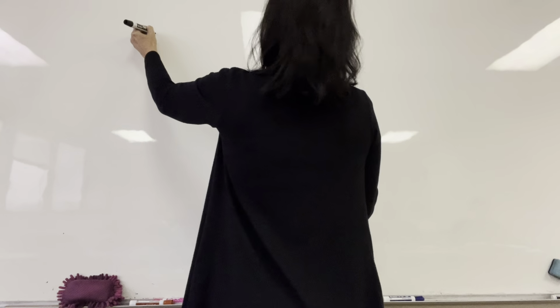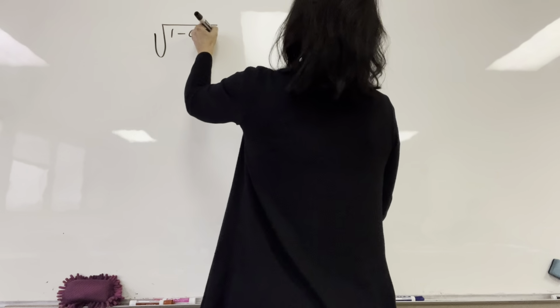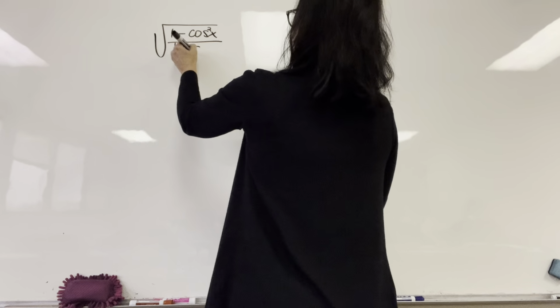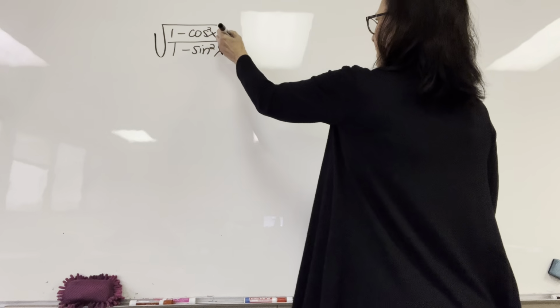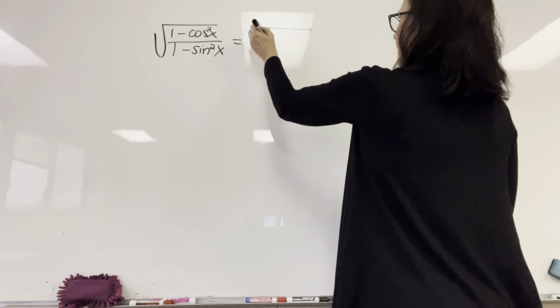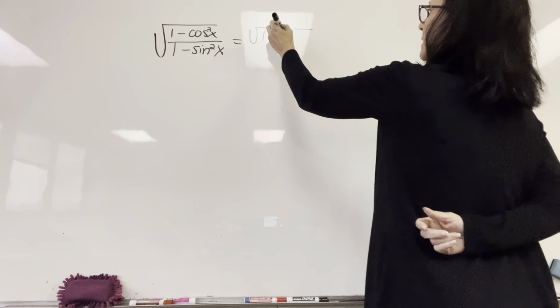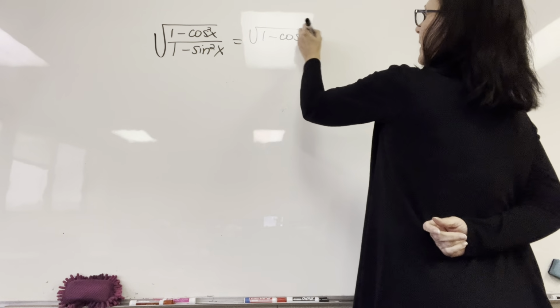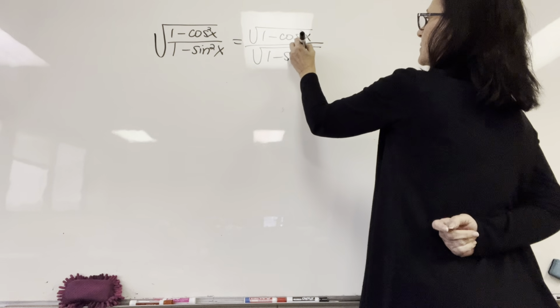All right, so 17. We have the square root of 1 minus cosine squared x over 1 minus sine squared x. That's the same thing as the square root of 1 minus cosine squared x over the square root of 1 minus sine squared x.